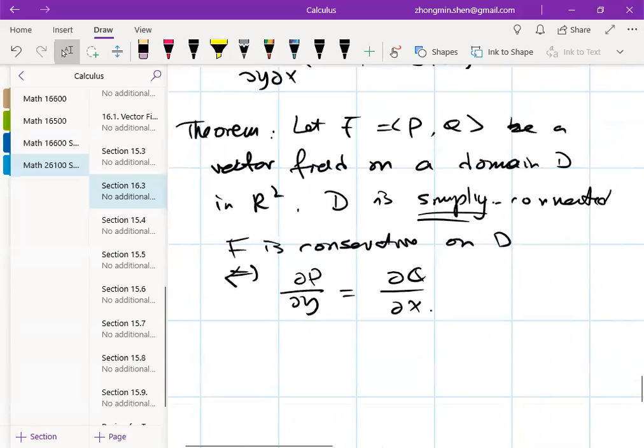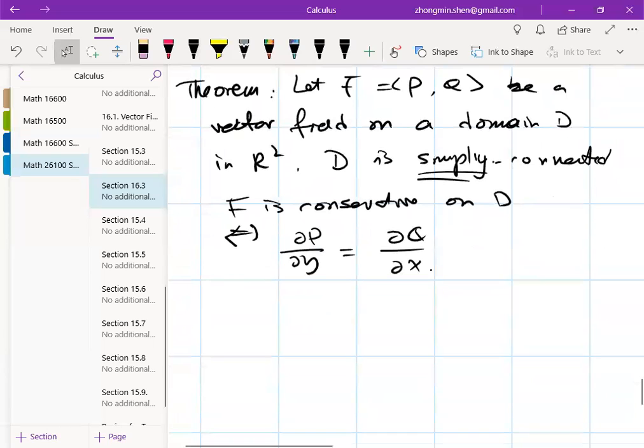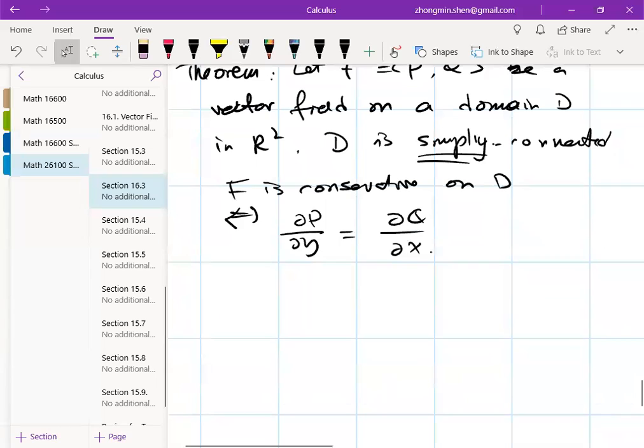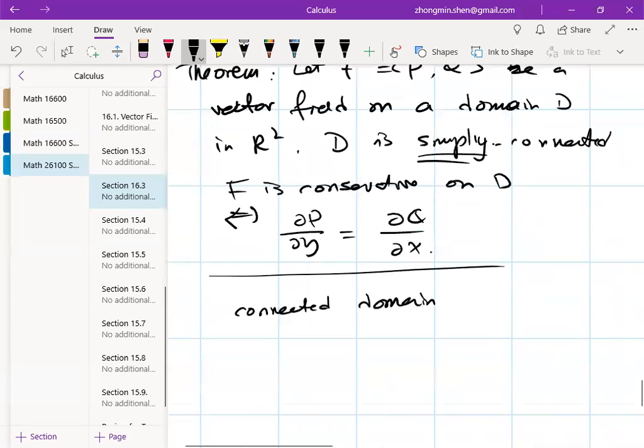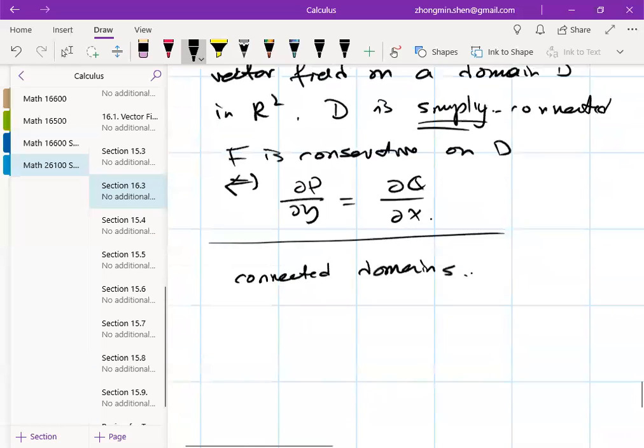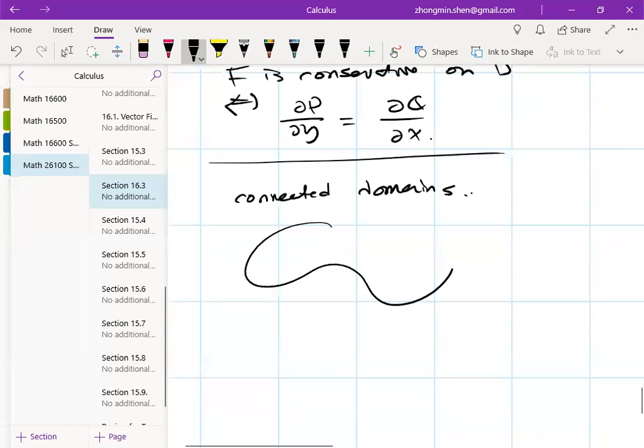Repeat again: what do we mean by simply connected? I'm not going to prove that theorem. Let me give examples of connected domains. This is a connected domain, right?